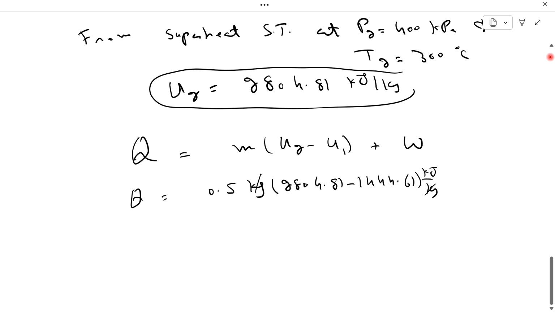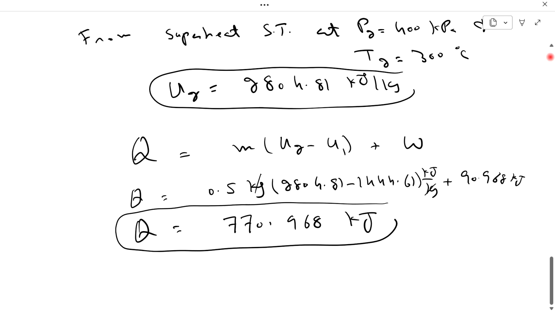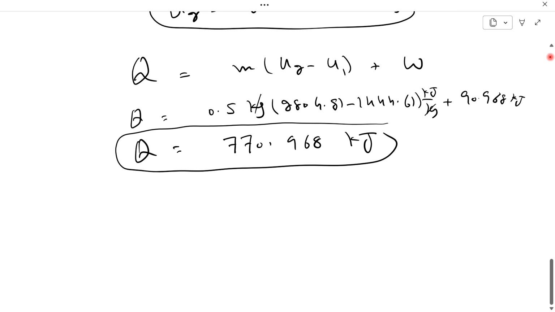This kg will cancel with this kg, plus W. The value of W is 90.968 kilojoule. So Q is equal to 770.968 kilojoule, and this is the final answer for heat. The value of Q is positive, which means that heat is supplied.